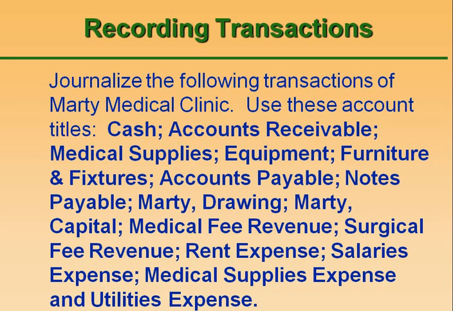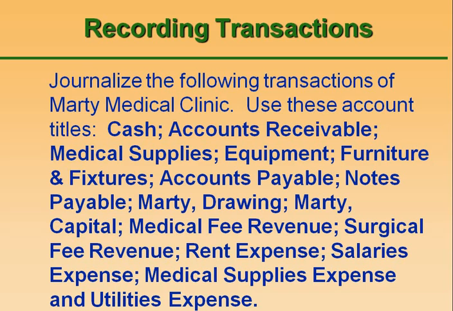Use these account titles: cash, accounts receivable, medical supplies, equipment, furniture and fixtures, accounts payable, notes payable, Marty drawing, Marty capital, medical fee revenue, surgical fee revenue, rent expense, salaries expense, medical supplies expense, and utilities expense.